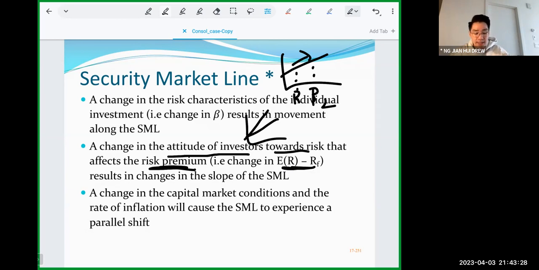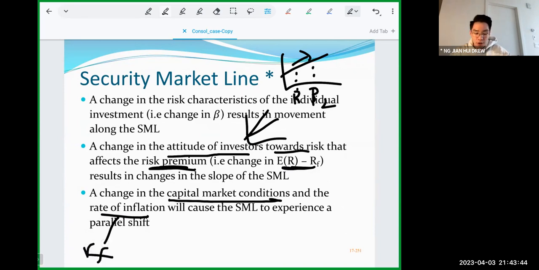The last but not least, a change in market conditions, such as inflation. When there's a change in market conditions like inflation, your RF, your risk-free, would change.